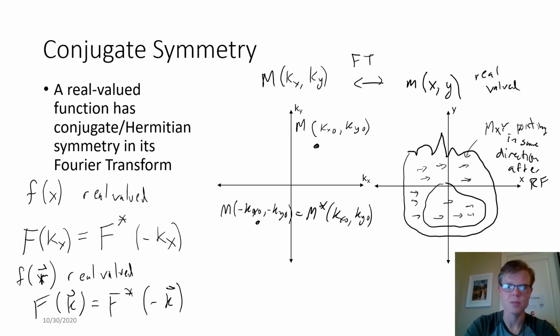So what this really means is that we can acquire one data point, and then copy the value to the other side of K-space without actually having to measure this other value in K-space.